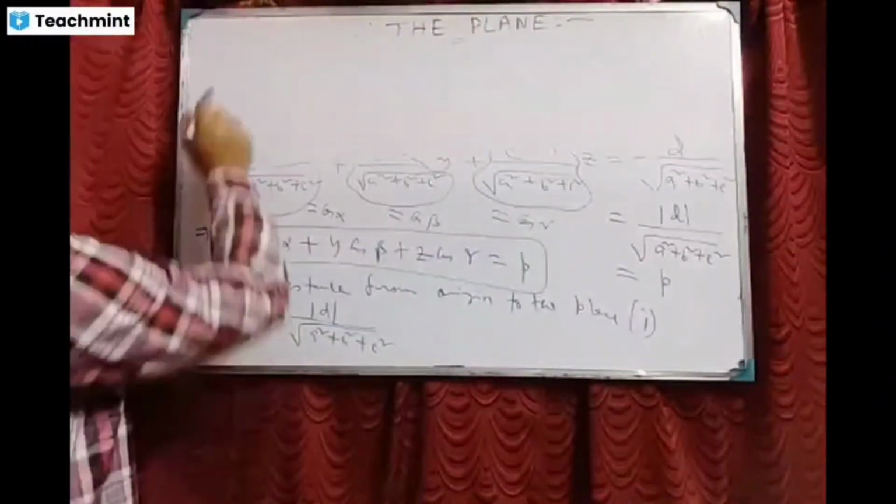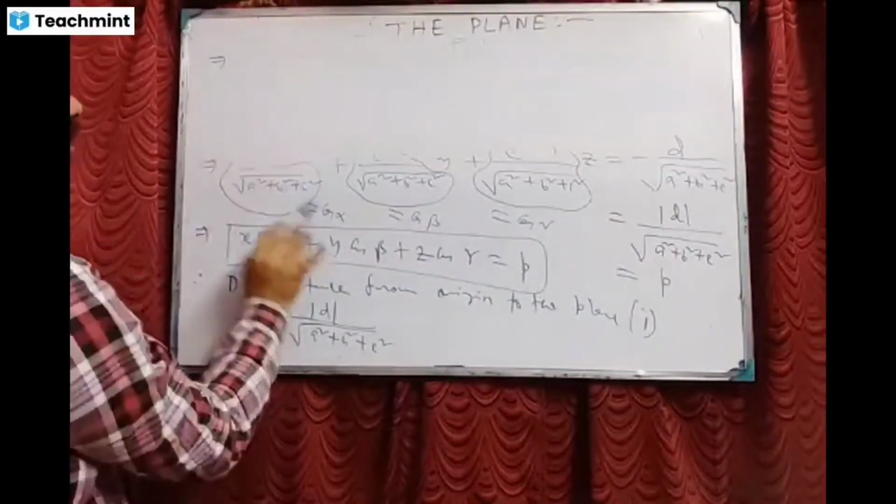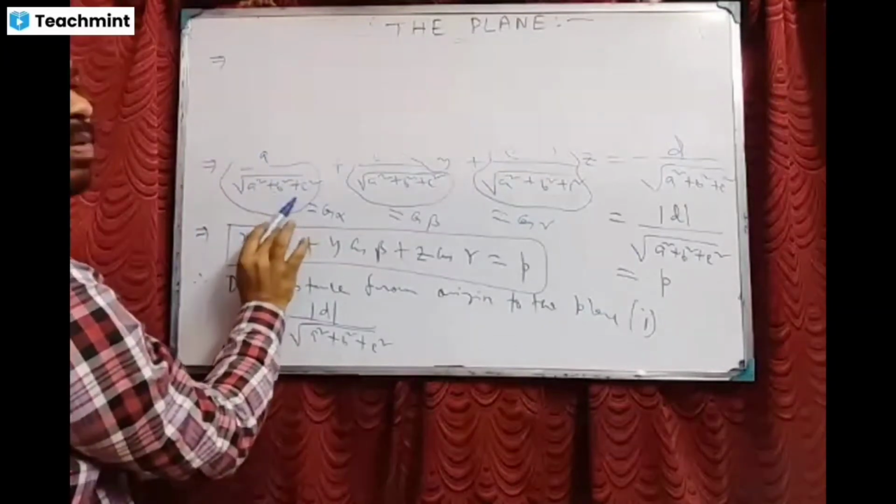Here we see that a by root over a square plus b square plus c square is our cos alpha.